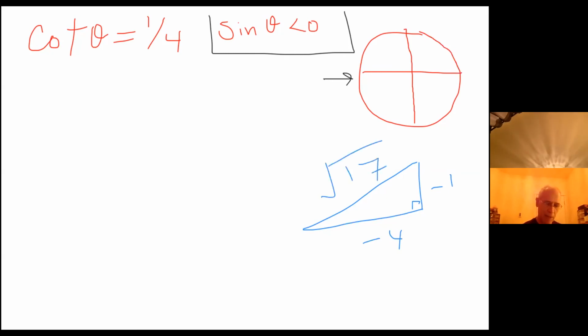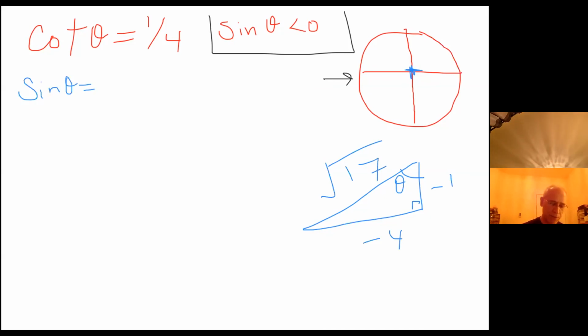All right, and remember that theta is here. Theta is always attached to the origin. All right, so what is sine of theta?